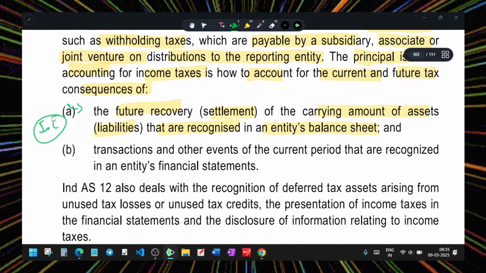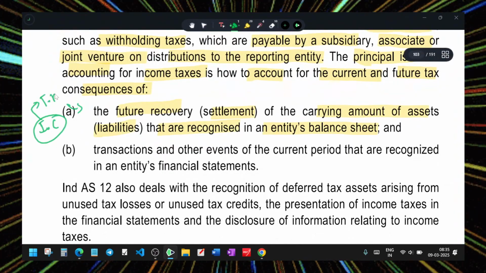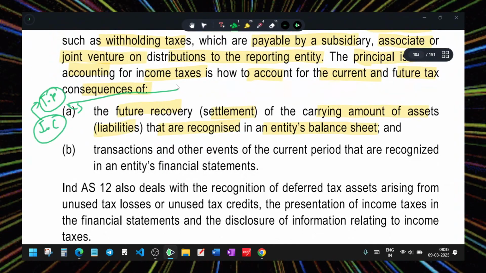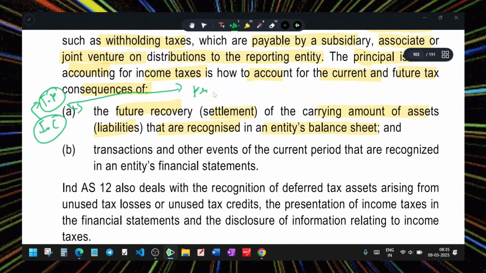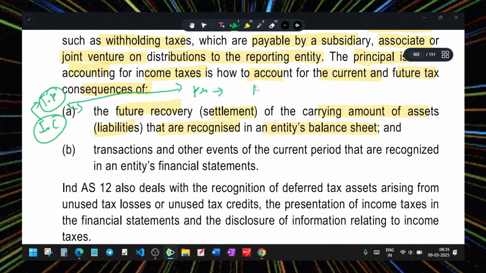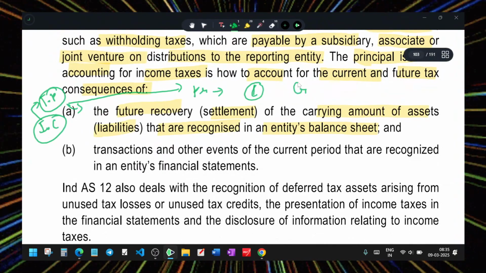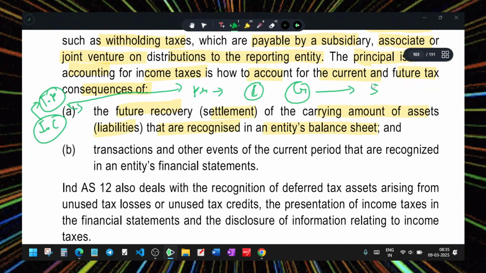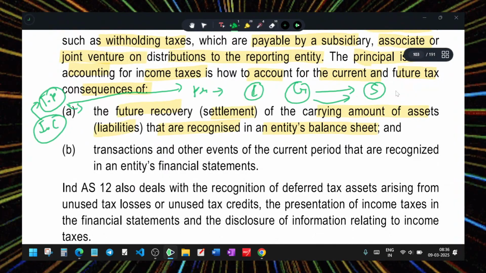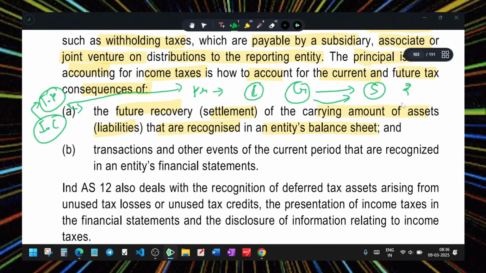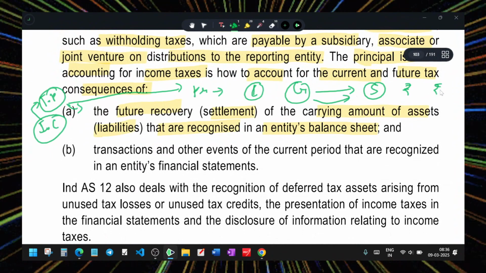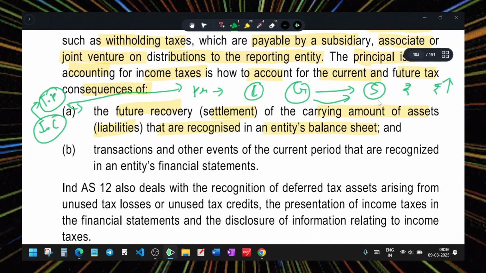In income tax there is a transfer pricing provision. What is transfer pricing? Profit from India is moved to another country. For example, Singapore. If the same goods are transferred to Singapore by another person, this is the amount, and if I sell the same goods, this is the amount, which is somewhat higher.